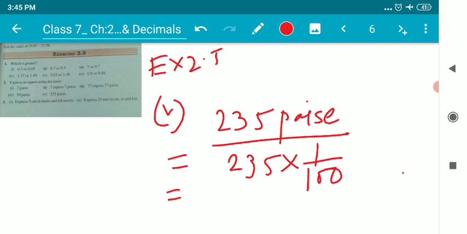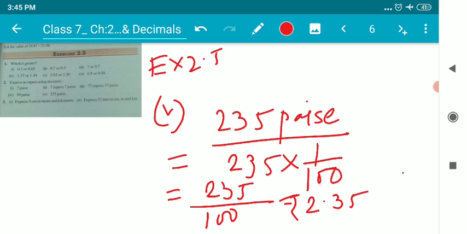So 235 into 1 by 100 means 235 divided by 100, which is 2.35 rupees. Children, this is how we can convert paise into rupees. The same process can be used for centimeter to meter or meter to kilometers.